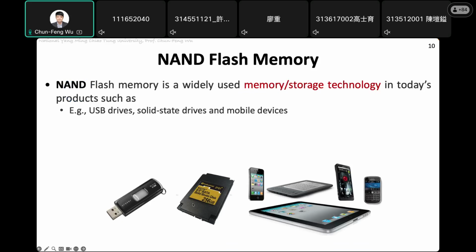SSDs usually use better quality, and USB drives usually use lower quality NAND flash. When you are using lower quality NAND flash, you might need some extra software to handle errors. Lower quality means that when you read out the data there will be more noise and more errors, so you cannot get the right data. So you need to, for example, do some ECC or some kind of error correction to recover from that noise.